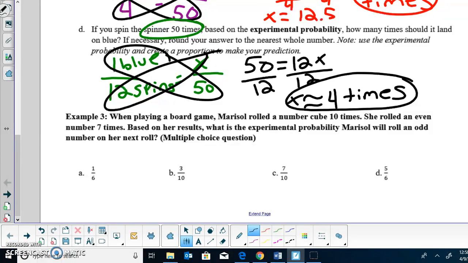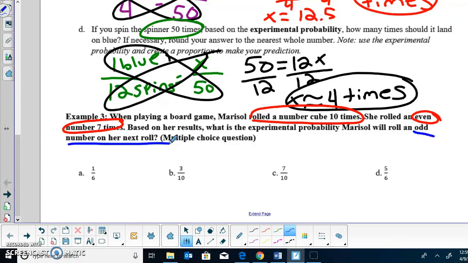In example 3, I want to make sure you take your time and read the problem. It says, when playing a board game, Marisol rolled a number cube 10 times. She rolled an even number 7 times. Based on her results, what is the experimental probability Marisol will roll an odd number on her next roll? I don't even need to calculate the theoretical probability because this question is only talking about experimental probability.